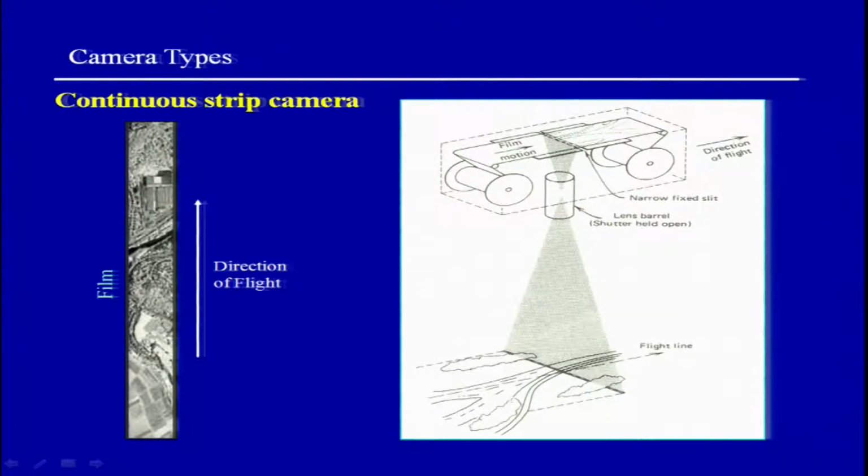This is one strip, then you will have another one here, then a third one, then a fourth one, and this will have an overlap if you want stereo images. But further, to have better coverage in terms of viewing the terrain, two cameras are mounted on the same aircraft, which take the forward and aft pictures. I will show you that in the next slide.